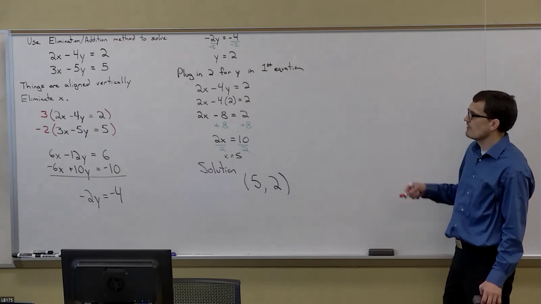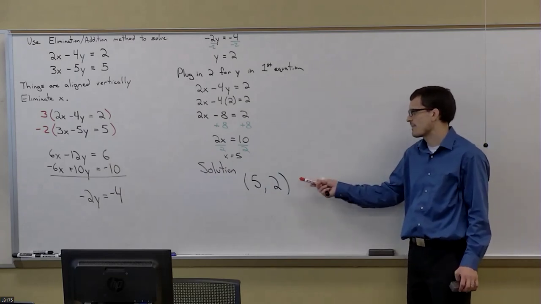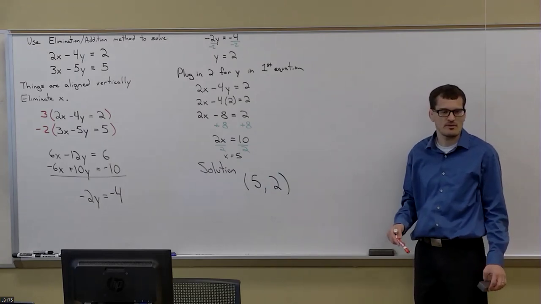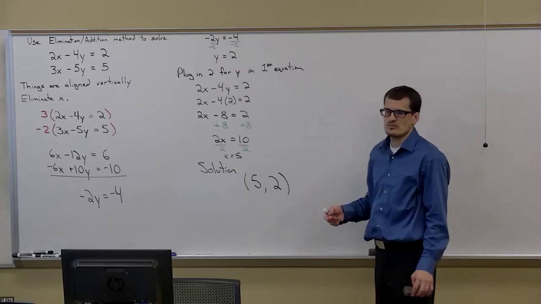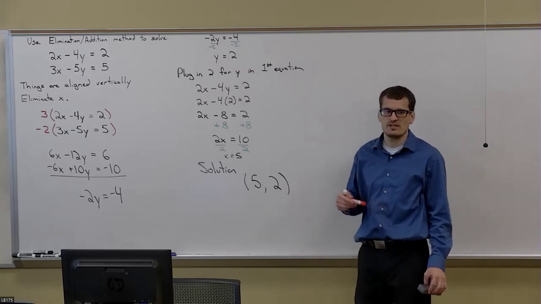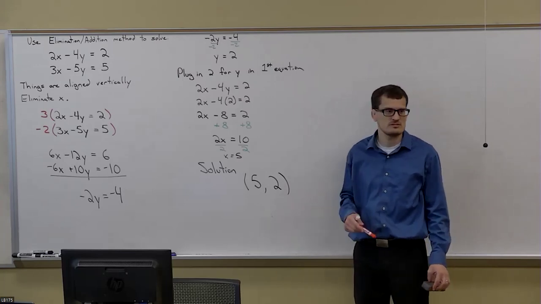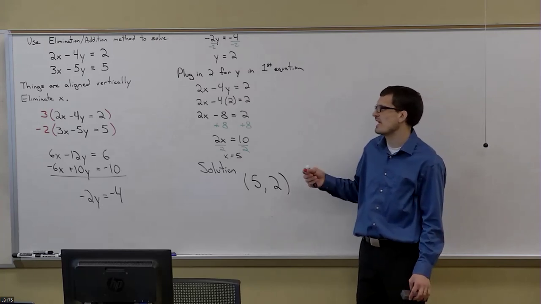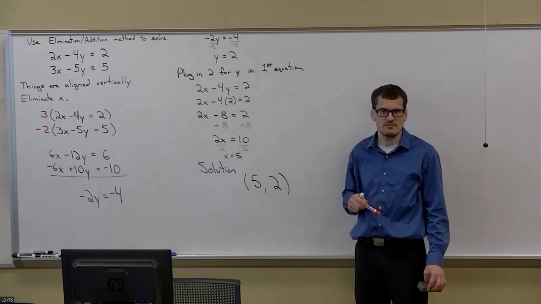So on all 4 of these we've done, the solution has come back as a nice ordered pair. There are scenarios where we get infinitely many solutions or no solutions, okay? And in that case, both variables are going to drop out at the same time.